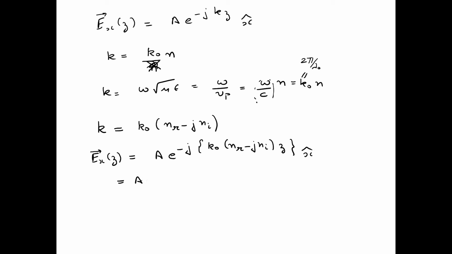So this becomes A e^(-j k naught n real z), and when I do the second multiplication, it is minus j multiplied by minus j, so that's j squared, which is minus 1. So I get a term e^(-k naught n imaginary z) in the x direction.